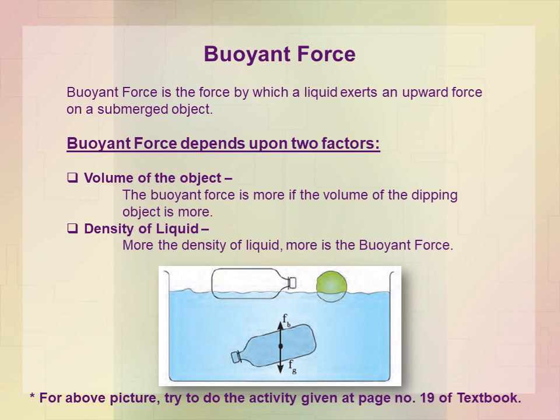This means the force due to gravity acting downward, that is the Fg force, you can see in the picture, must have been balanced by an opposing force in the upward direction, that is Fb force, on the bottle filled with water. This force must have originated from the water surrounding the bottle. The upward force acting on the object in water or other fluid or gas is called buoyant force.